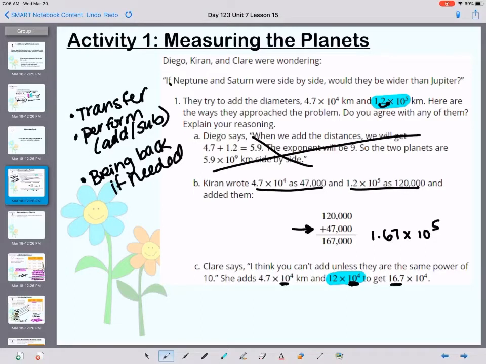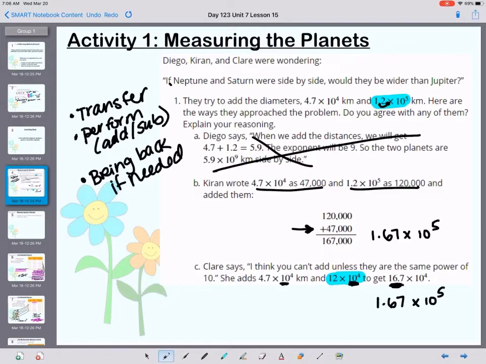And the 16.7 is not in scientific notation, but I could transfer that back, which would be the 1.67 times 10 to the fifth, because again, in scientific notation, that coefficient has to be between 1 and 10. So Neptune and Saturn side by side are 1 and 67/100 times 10 to the fifth power.